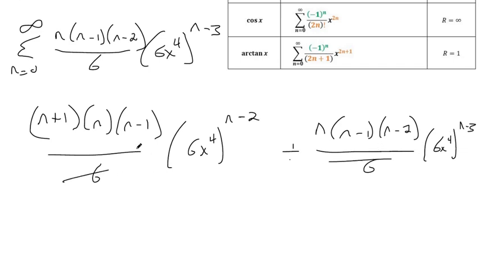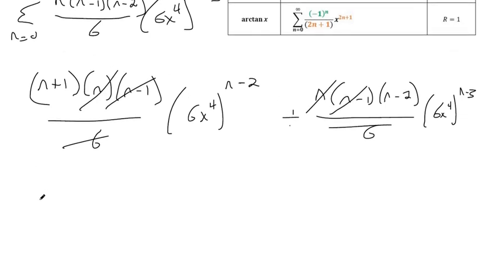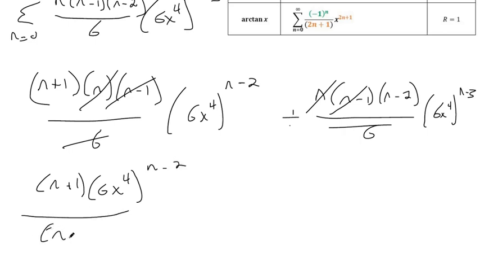That's going to make these cross cancel. This and this are going to cancel. This and this are going to cancel. So we get n plus 1, 6x to the 4th, all to the n minus 2. This is divided by n minus 2, 6x to the 4th, n minus 3.